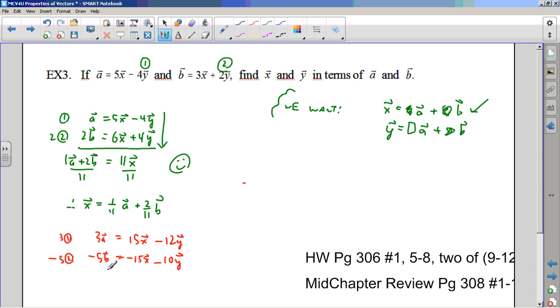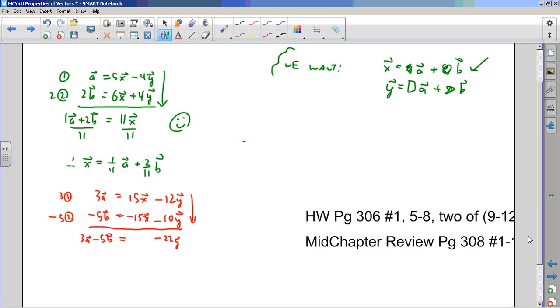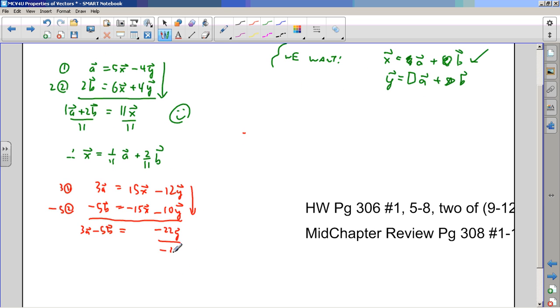And now notice that because I multiplied by a negative, I can just add. You see, when I add, the x's are gone. Minus 22y, divide by the minus 22 on each of the pieces, and I get y equals negative 3/22 A.